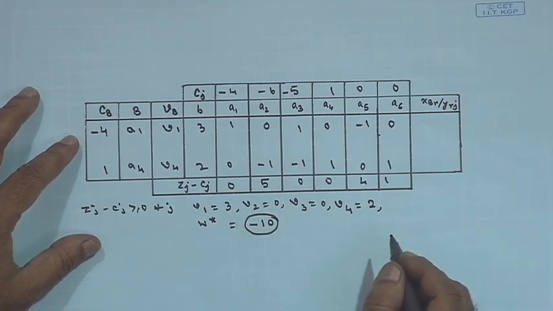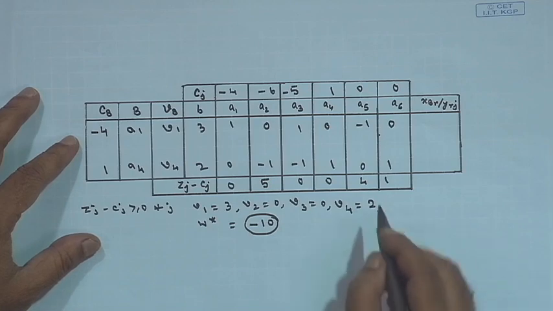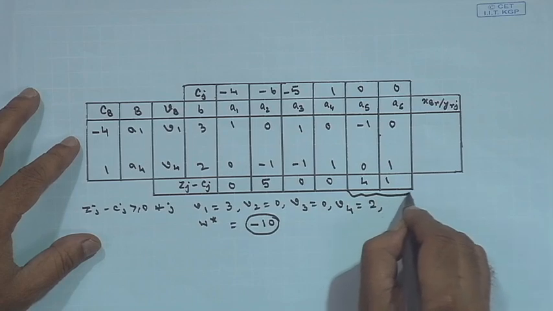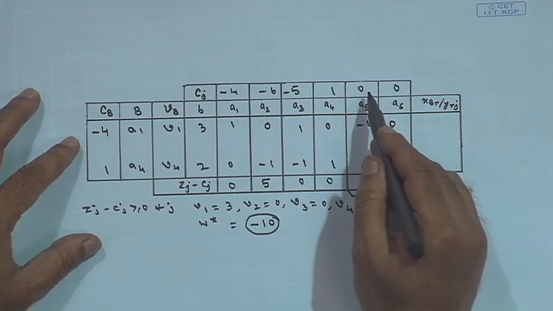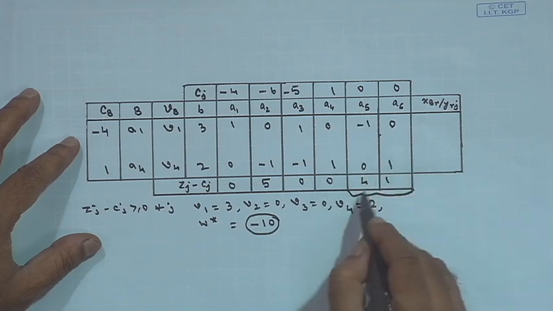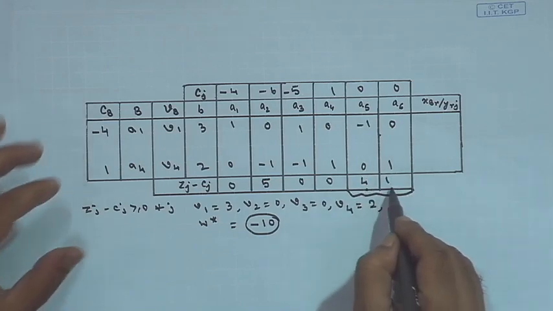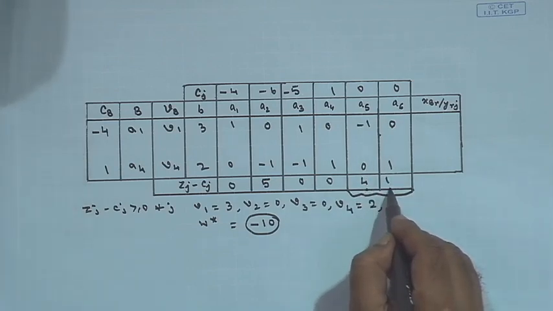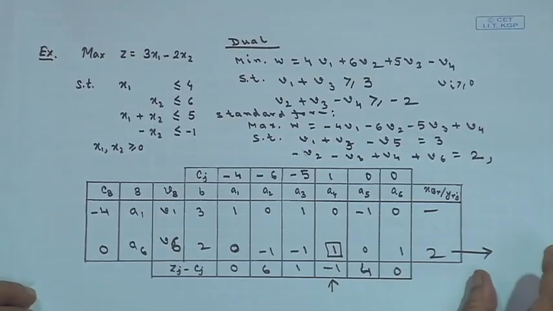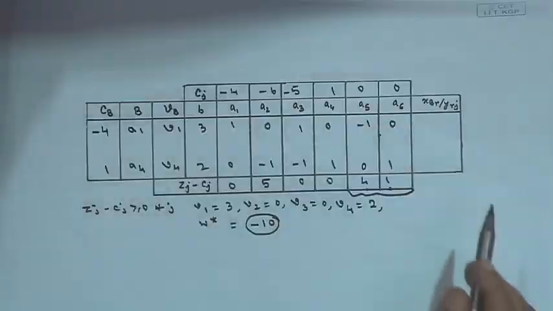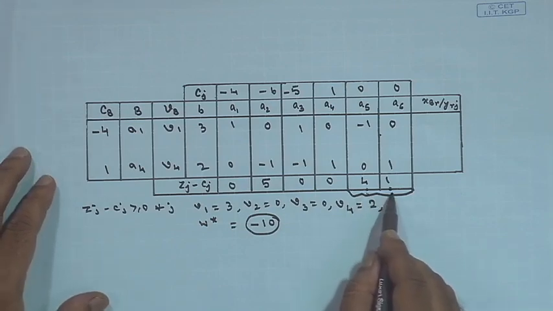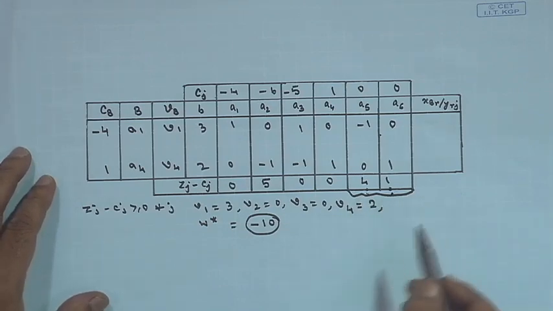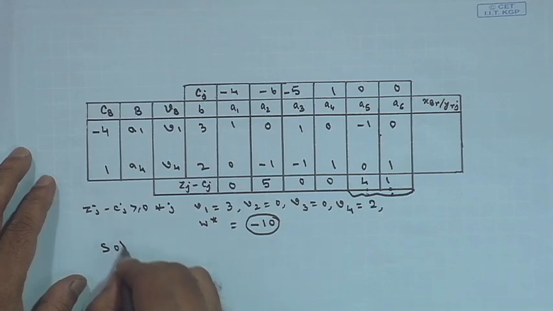If I want to find out the solution of the primal problem, then you take the last two columns here, because the first one will correspond to the variable x1 and the second one will correspond to the variable x2. Here there were only two variables, therefore this first one will correspond to the first variable and the second one to the second variable.